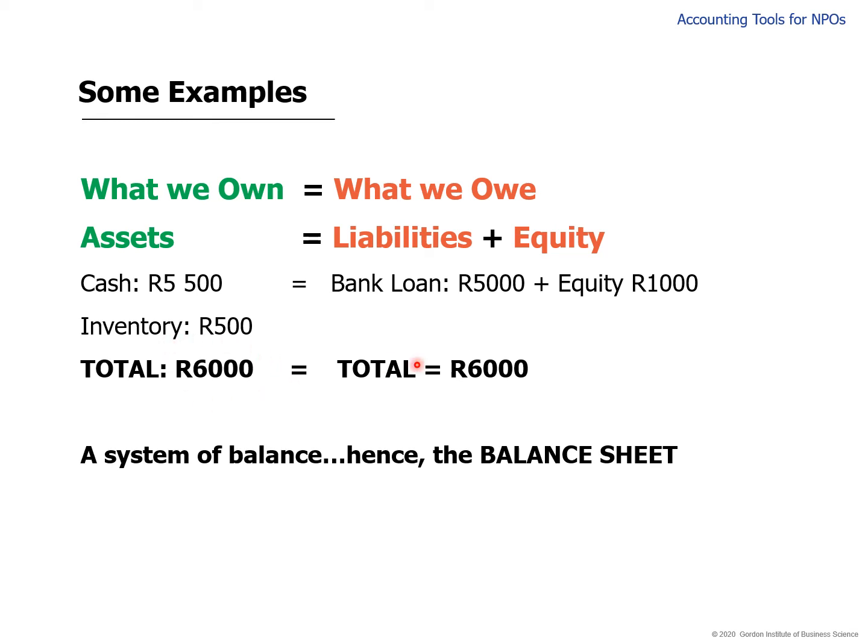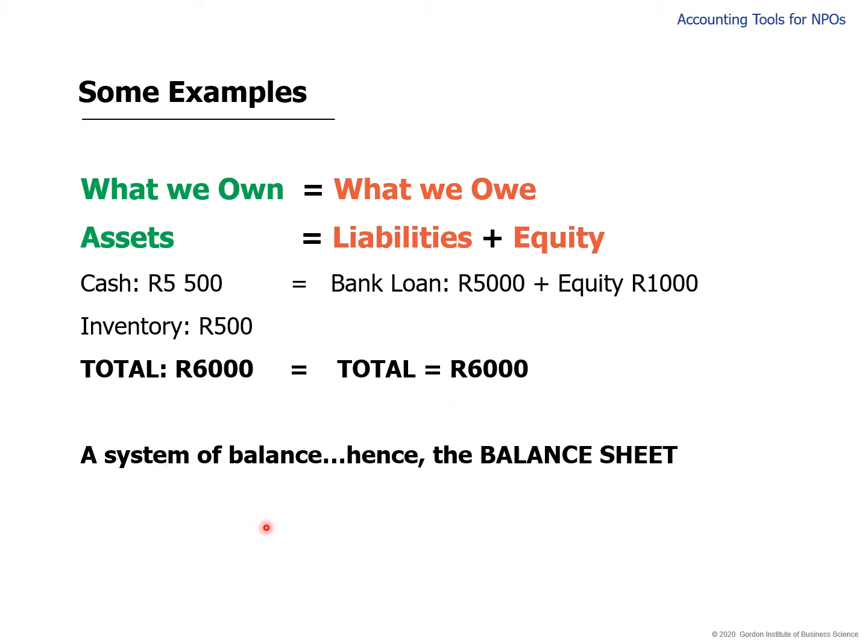That 6,000 Rand is then owed to someone. Of that 6,000 Rand, 5,000 is owed to the bank, and the remaining 1,000 is owed to the equity holder, meaning us, the contributors. So our total assets equal 6,000 Rand, and our total liabilities and equity equal 6,000 Rand, and hence we've achieved balance.